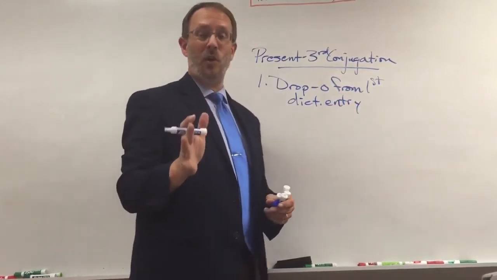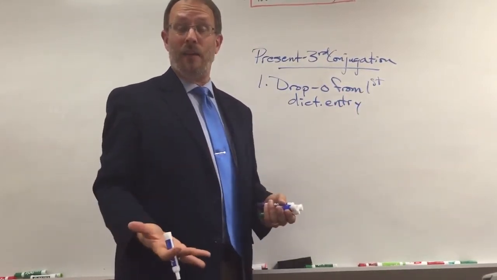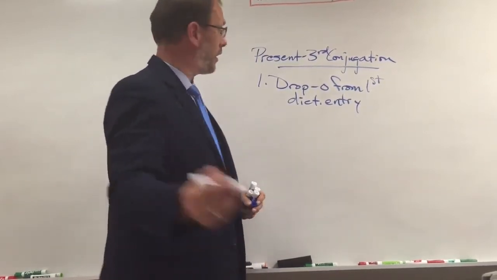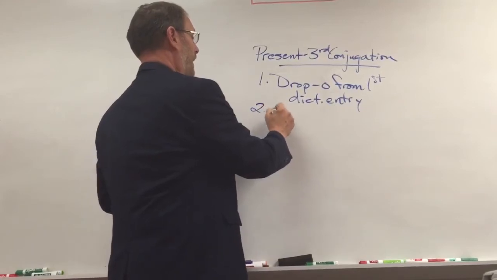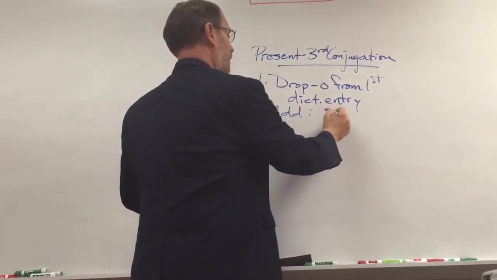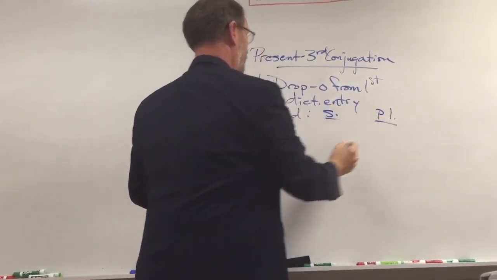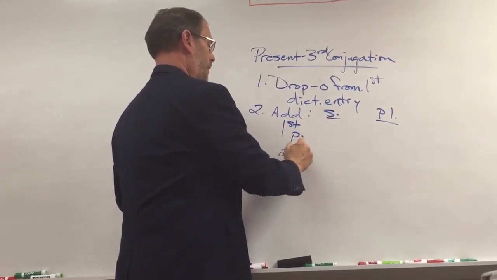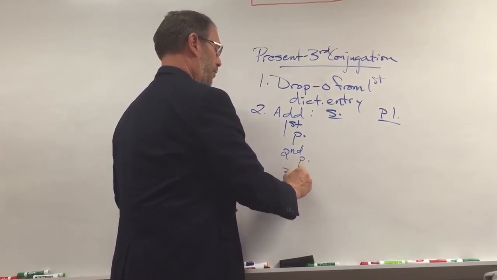Now that's not what we usually do, right? We usually drop the RE from the second dictionary entry. This time we're going to drop the O from the first dictionary entry and then add our usual endings, singular and plural, first person, second person, and third person.